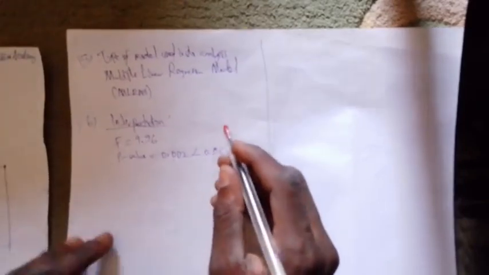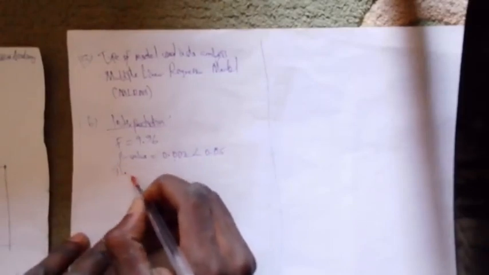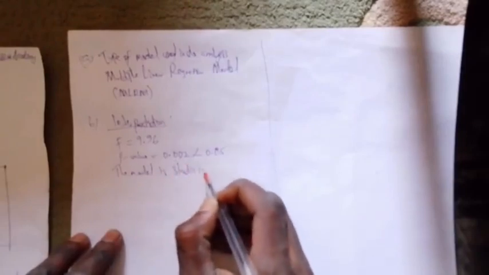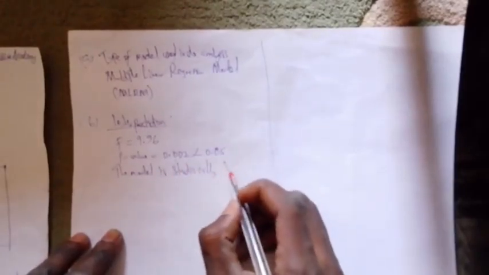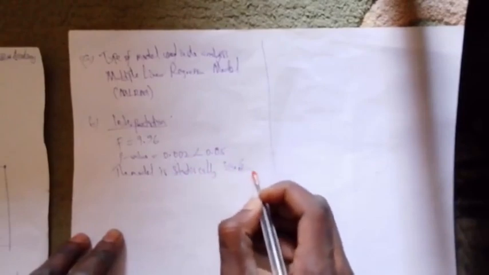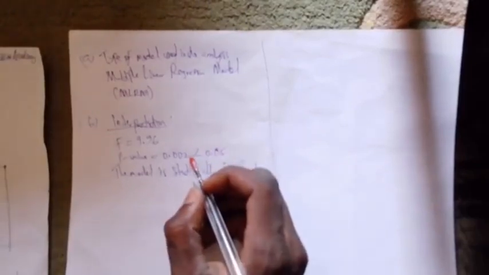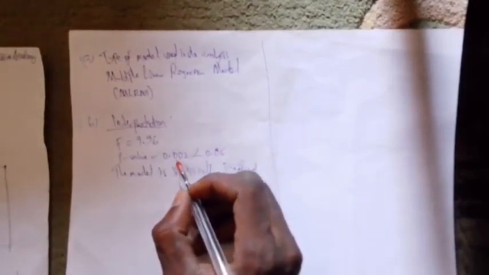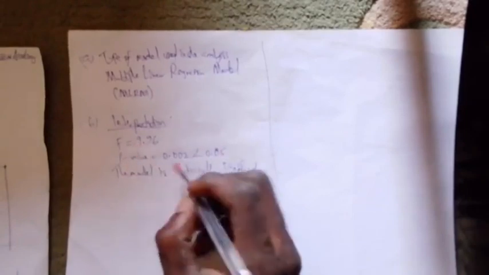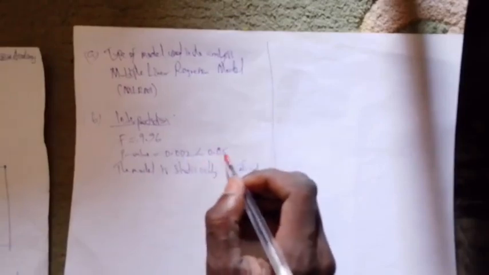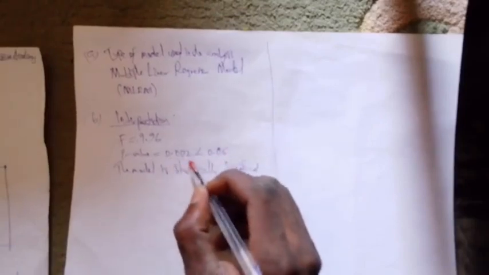So since the P value for the F statistic is 0.002, which is less than 0.05, we can now conclude that the model is statistically significant. Why? Because we have looked at the p-value for the F, and it is less than 0.05.